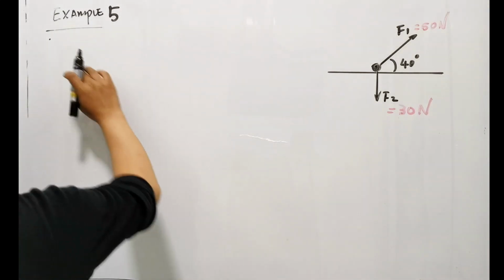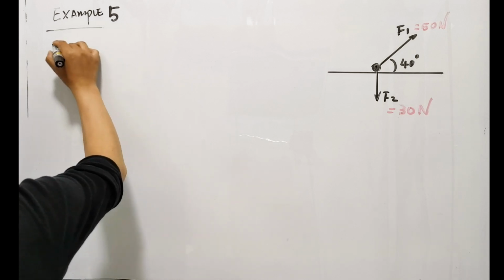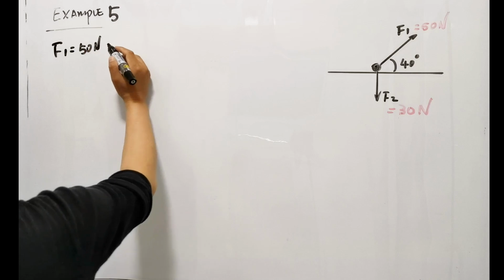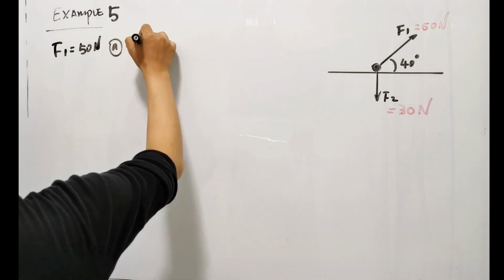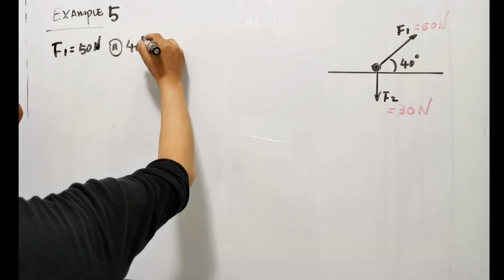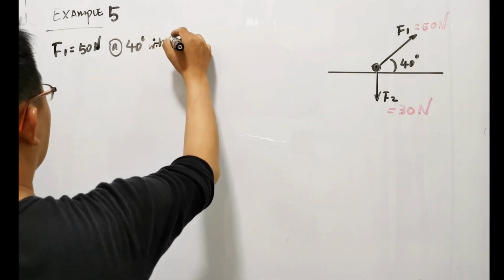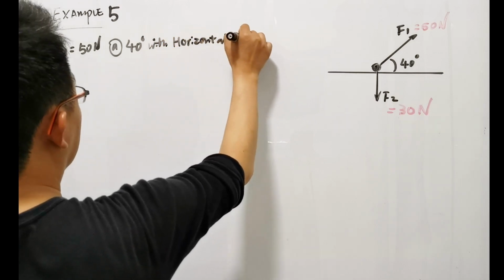So how to represent this? Basically F1 equals 50 Newtons, which makes an angle of 40 degrees with the horizontal line.